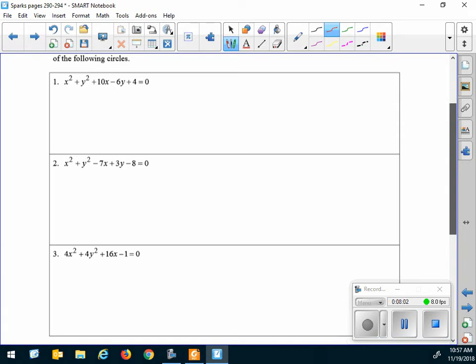Now I know you did this back in geometry. You just probably didn't do it very well or didn't know exactly what you were doing. We're going to get all the terms with an x together. We're going to get all the terms with a y together. And we're going to move the constant to the other side.